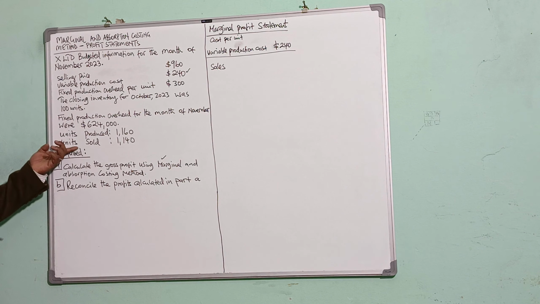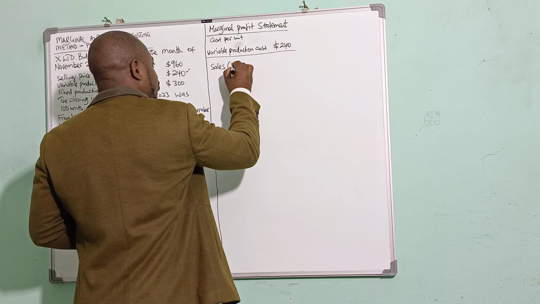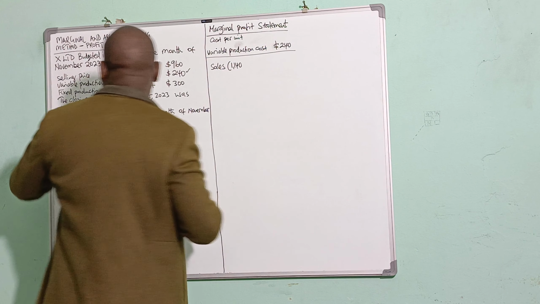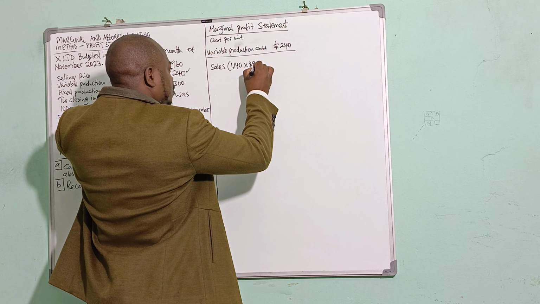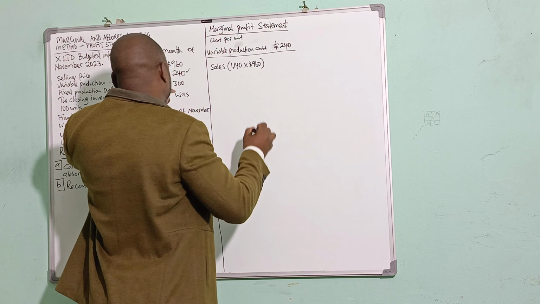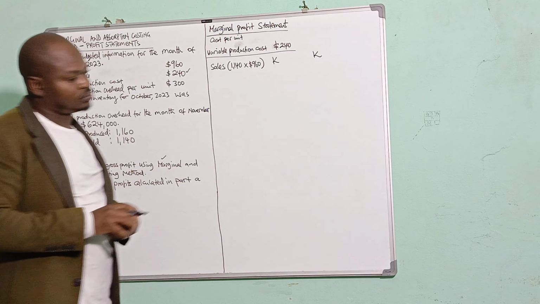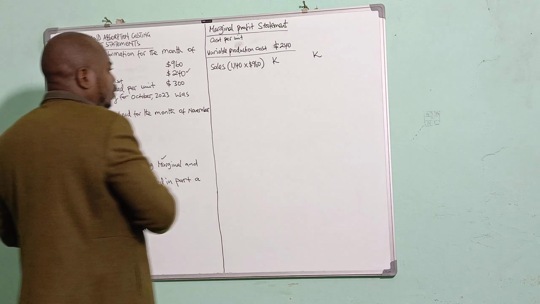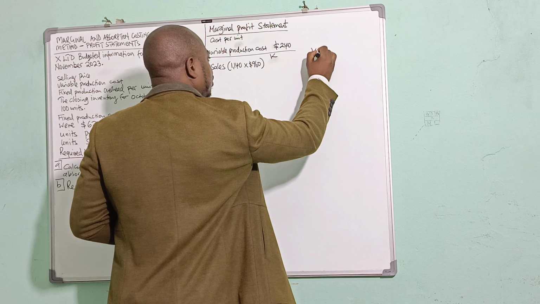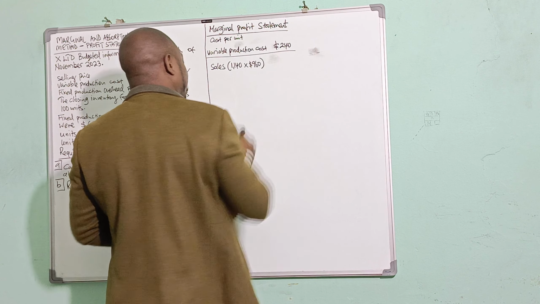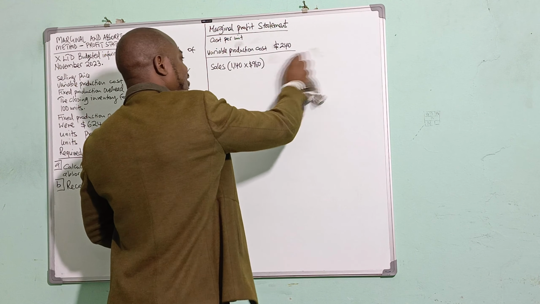So we'll see how many units were sold. 1,140 units were sold, and each unit is being sold at $960. Sorry, I'm used to Kwacha, it's my home currency. Let me be consistent.